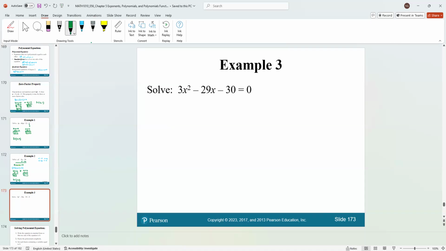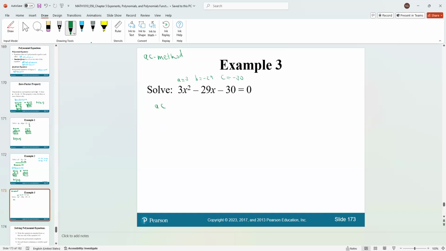Yes, 3 times something gives you 30, so 3 and 30 have a common factor, but 29 is a prime number. A prime number only has two factors, one and itself. So we cannot do it. In this case, remember the AC method we learned in one of the previous sections. The AC method is to identify A is 3, B is negative 29, C is negative 30.